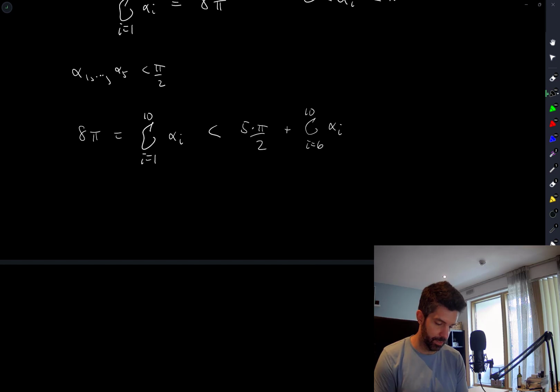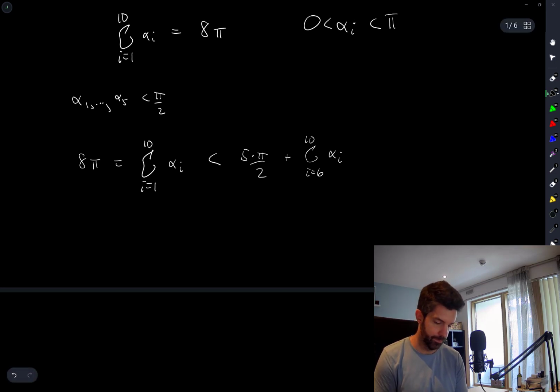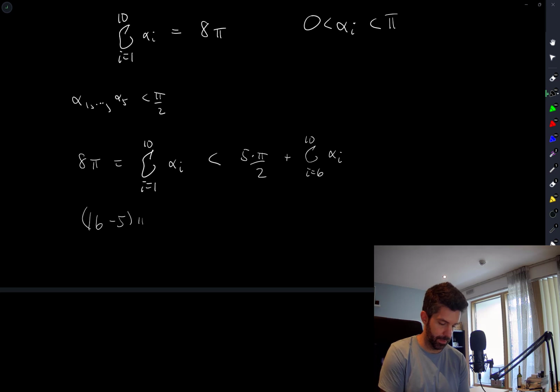So 8 pi minus 5 pi over 2 is less than the sum, i from 6 to 10 of alpha i.